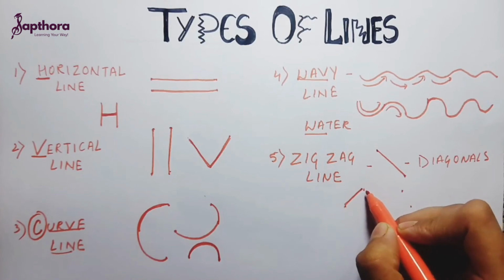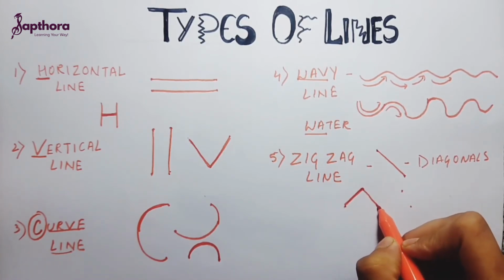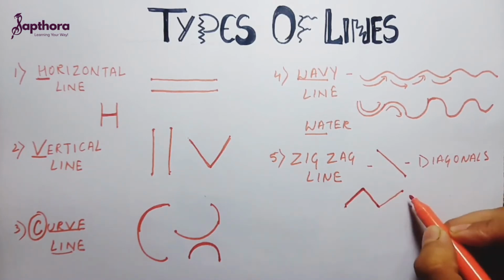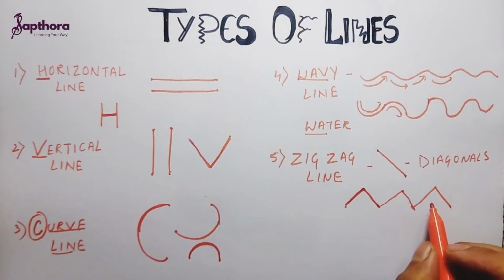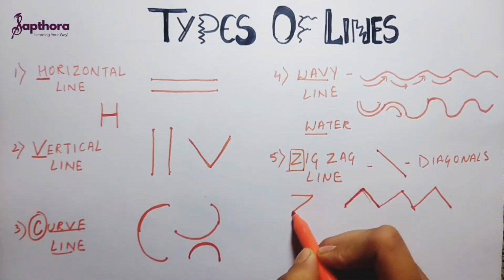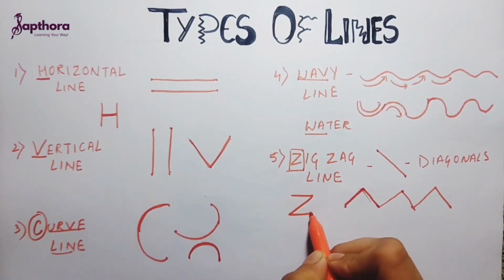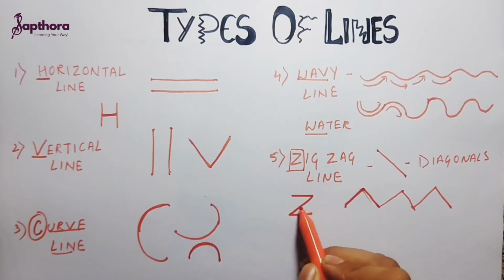That is, one diagonal going from down to up, again one coming down, again one going up, again coming down. So this is like a mountain, and if you see the very first letter of the word zigzag, that is Z, it is itself a zigzag line.